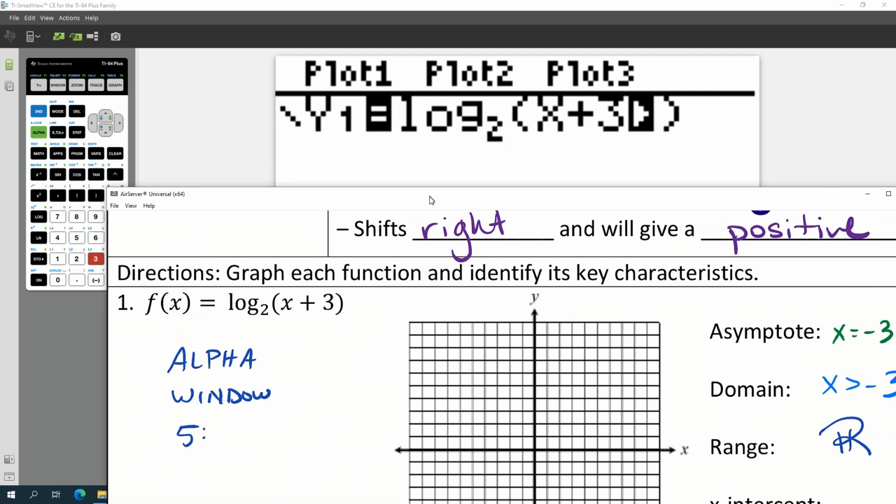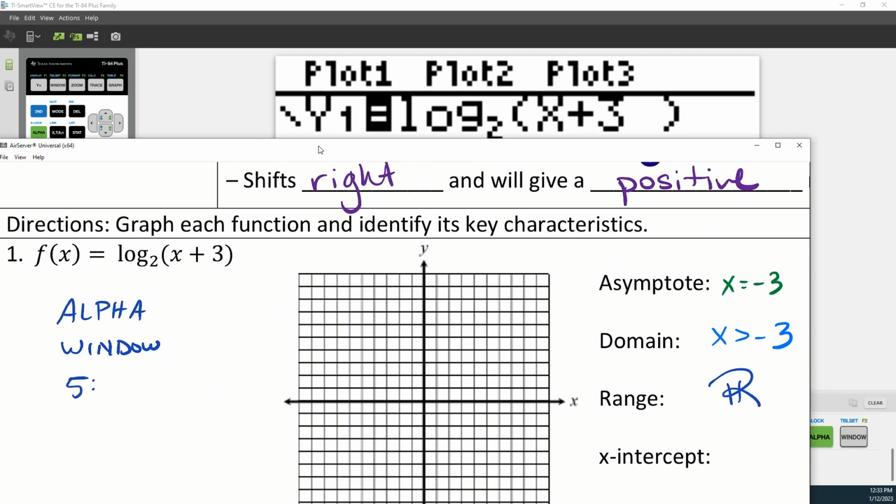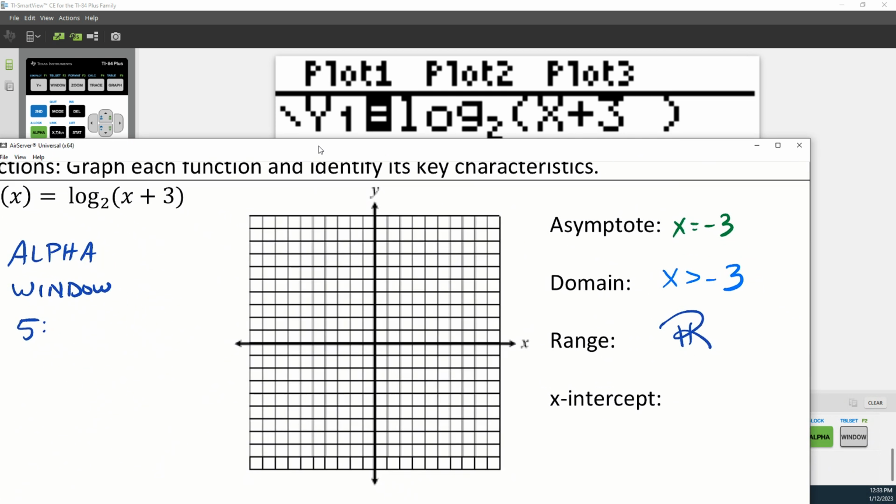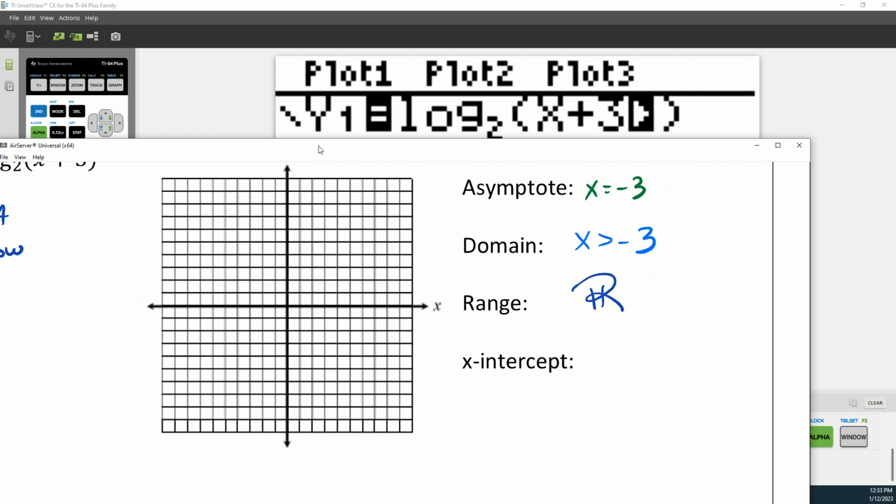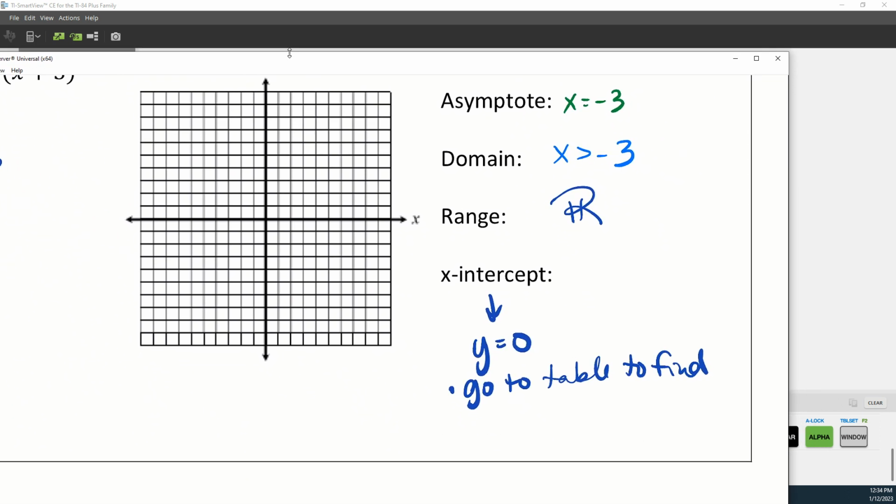All right, so let's talk about the x-intercept for a second. The x-intercept is going to be whenever y is 0. So we're going to go to the table to find. All right, and then if you forget how to get to the table, it's second and then graph.